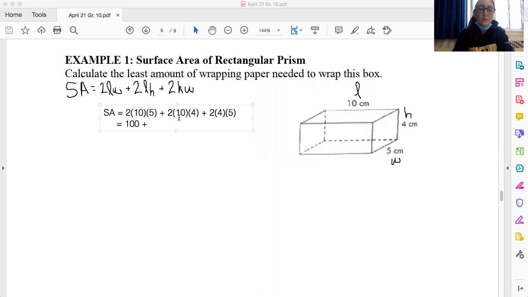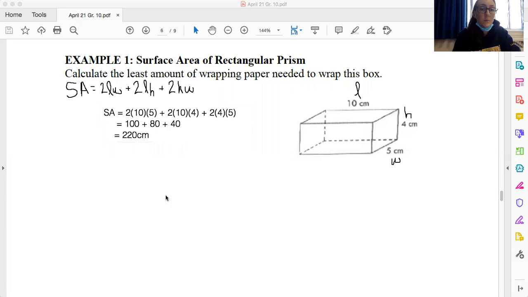So 2 times 10 times 4, which is going to give us 80. And then 2 times 4, which is 8, times 5, which is 40. And then you're just going to add those up. So 180 plus 40 would be 220 centimeters.